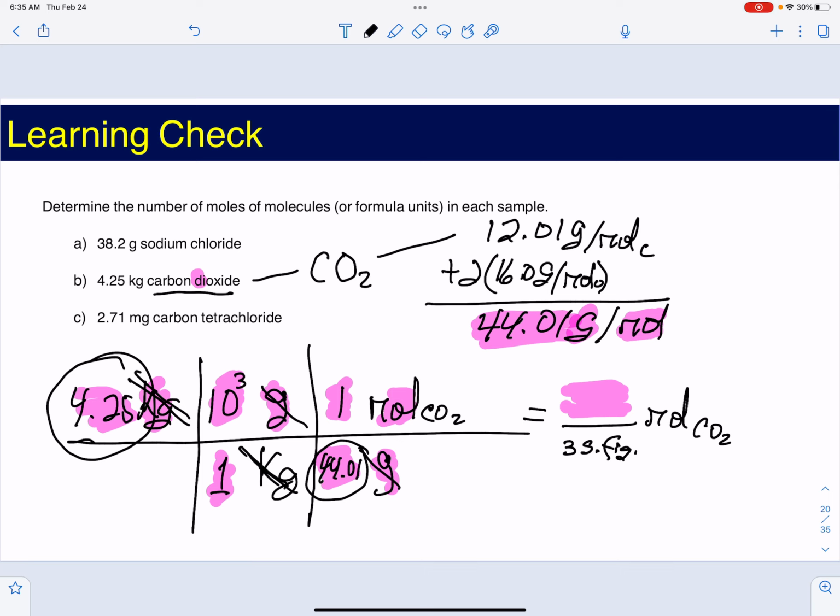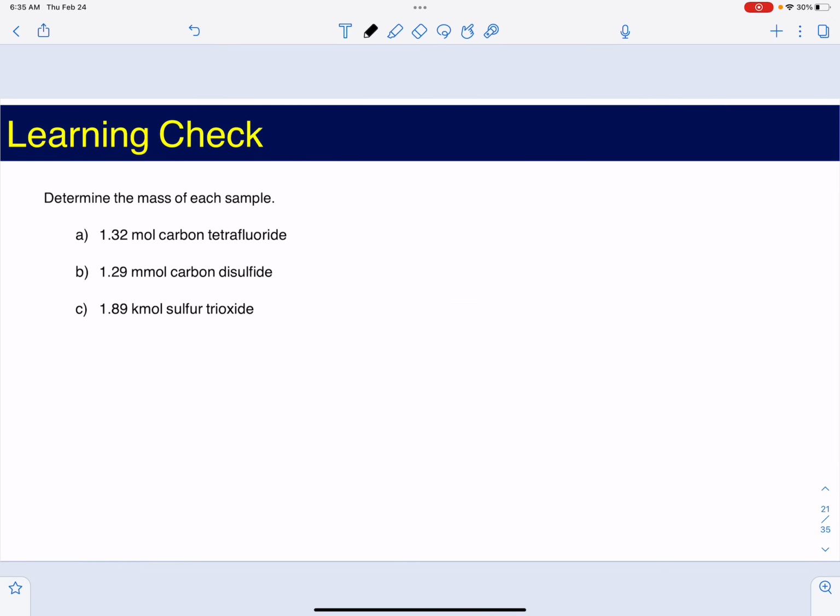And we're not going to do the other one. You have enough modeling right now to see how we do this problem. Let's move to the next one. The next one is going to be determine the mass. So we're going to be looking for mass, which is going to be in grams, because that is what we are using with the molar mass, right? So what are we given?